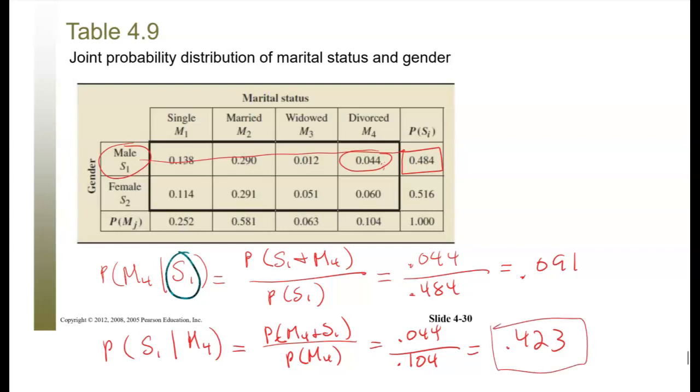So there's a greater chance of selecting a male given that the adult is divorced than there is selecting someone divorced given that they are male. So this is important for you to understand that you cannot simply switch the condition and the probability and try and get the same answer. That's not going to happen.